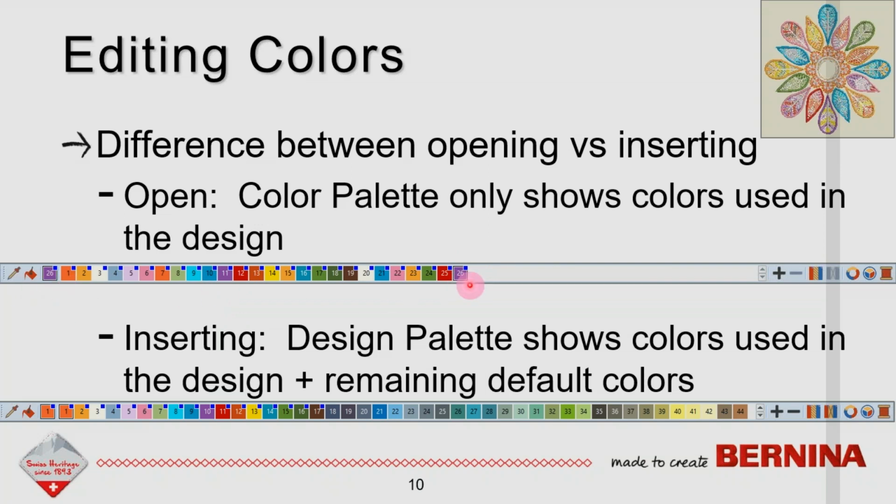But you have 25 color changes in this design, and so all the color changes in the design are counted when you open a design. When you insert a design, you'll see that there's only one color purple, and those 2 colors are combined when you insert a design.